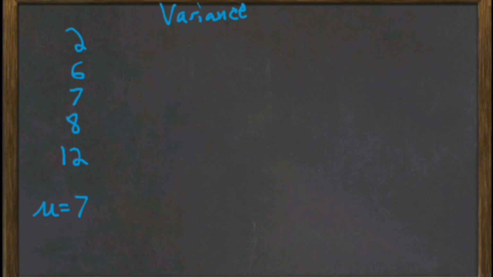And this is going to change slightly depending on whether we are dealing with a population or sample. So in this case, we're going to walk through it as though this is the population variance. So this is sigma, and so sigma squared is going to be the sum, the uppercase sigma, of x minus mu.